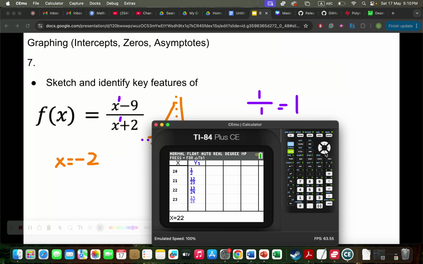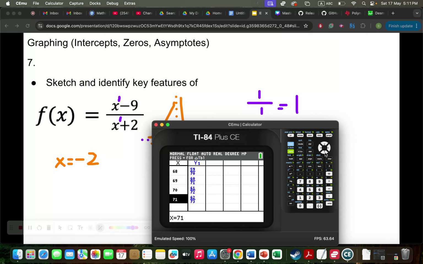If I keep scrolling up, in order to get 1, you need the numerator to be the same as the denominator. So look at this: the more I increase my x, my fraction gets bigger, but it's never going to get to 1. The numerator and the denominator will never be the same, but it just gets really close for these two numbers. So it's quite clear, but on the calculator it's just not very obvious how you could find the horizontal asymptote.